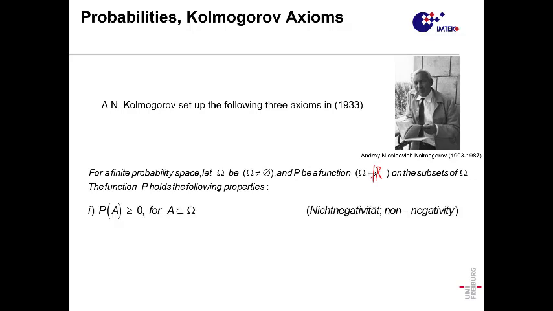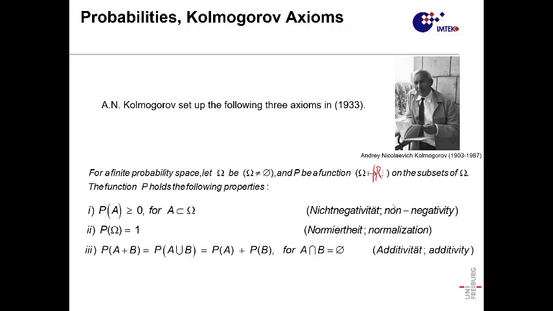First, it has to be non-negative, so it cannot be negative, it could be 0 or greater than 0. These are the conditions imposed on this function. For the whole set omega, the function value has to be equal to 1.